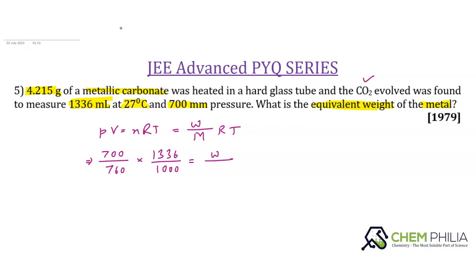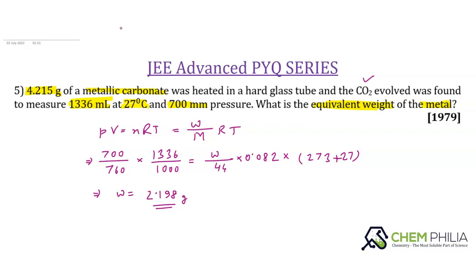So what is the molecular weight of CO2? 44. Into R is 0.082 into T is 27 degrees Celsius, that is 273 plus 27, right? So W is coming out to be, we are not going into the detailed calculation part, we are skipping that. So W is found to be 2.198 gram. That is the mass of carbon dioxide that we have got.